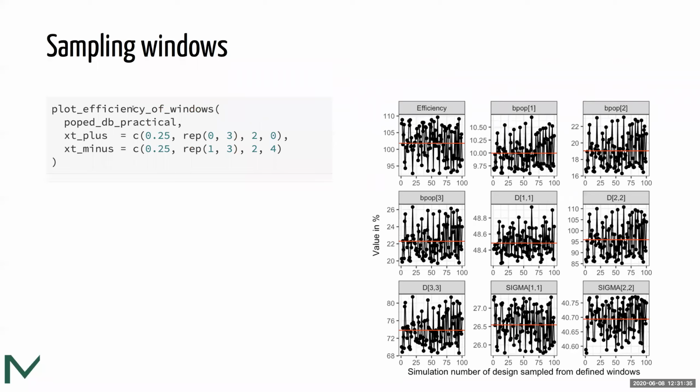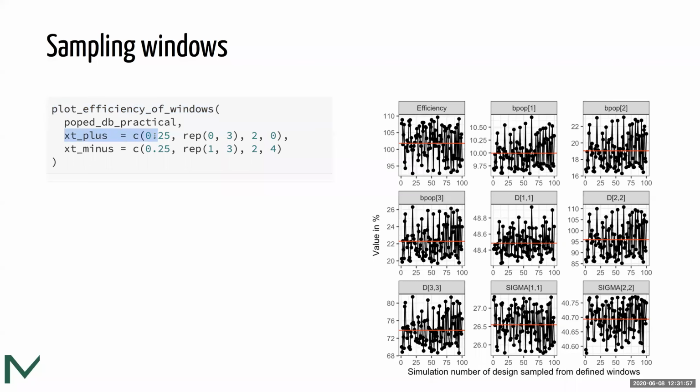Next thing we want to do is put some sampling windows around these. So we do this using this function in PopED called plot efficiency of windows. What it does is create a number of replicates of your study, and it samples the sampling times, or generates random sampling times between some intervals that you specify.